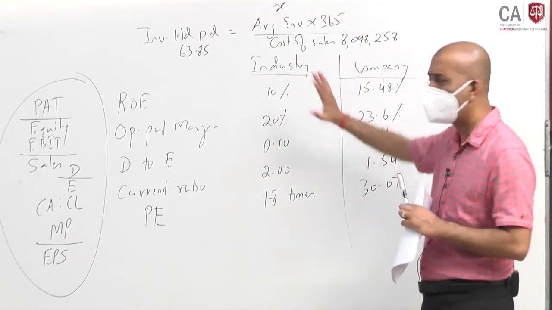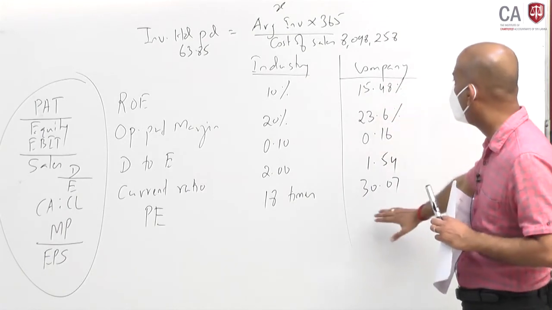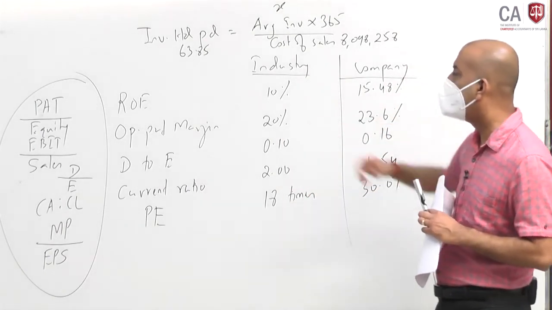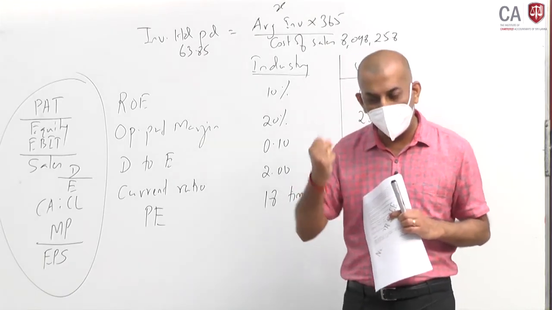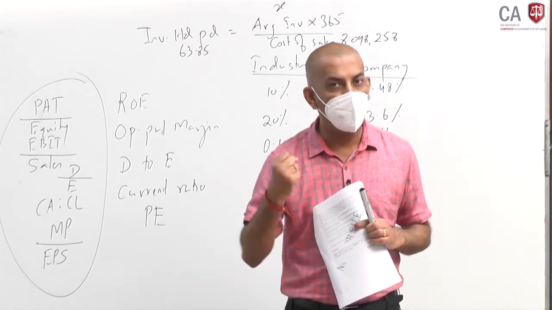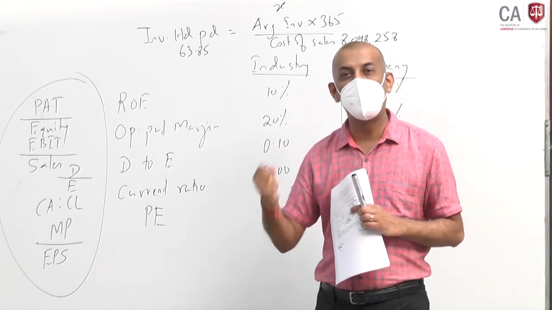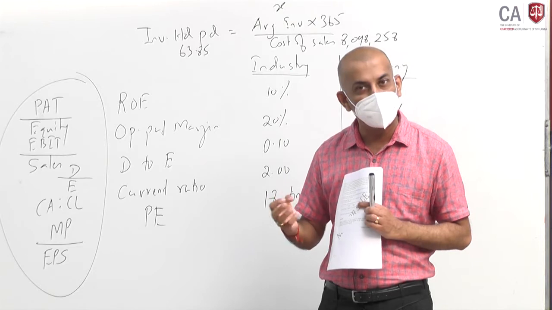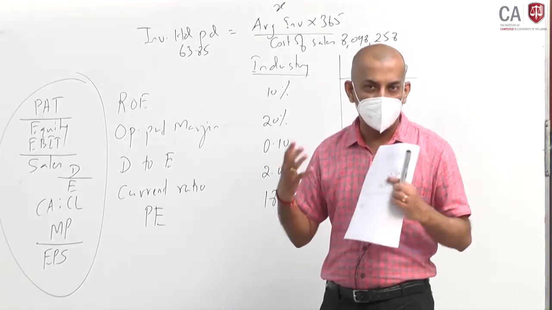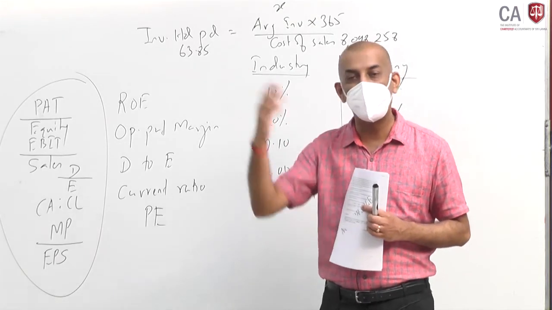Now coming to the performance comparison. This is your company, this is the industry. ROE, return on equity, that is the shareholder return. At the end of the day, corporates the world over are working to achieve the primary objective, maximizing shareholder wealth. So we all, as organizations, work for maximizing shareholder wealth.